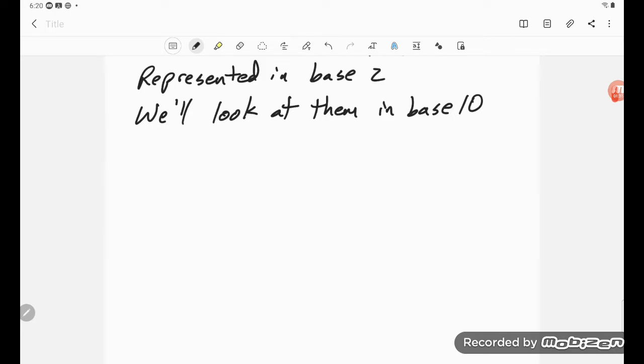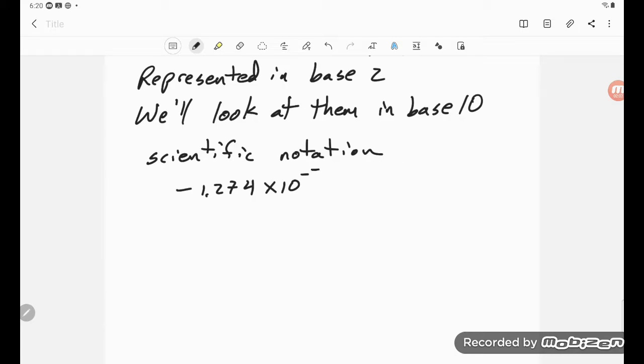If you think of a number in scientific notation, because that's how they're going to be represented within the computer, you might have a number like negative 1.274 times 10 to the negative third or something like that. Now I put in the negatives to point out that we'll need a place for the sign.